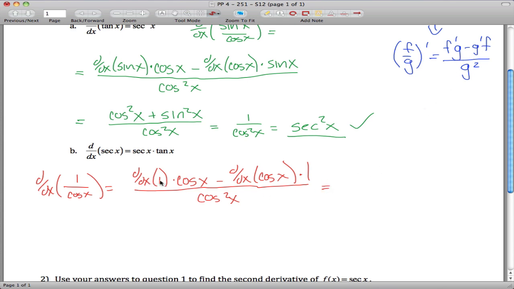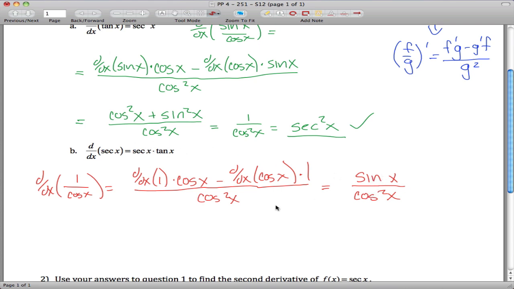So that's just using our quotient rule here. And now the derivative of 1 is 0. 0 times cosine is 0. And the derivative of cosine is negative sine, so minus negative sine is positive sine. So we get to here. We're done with taking derivatives.